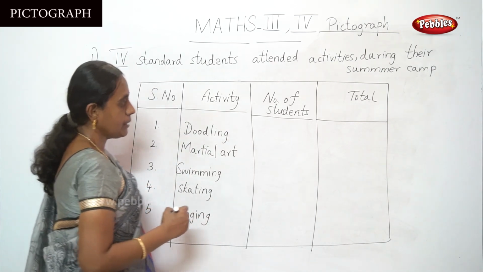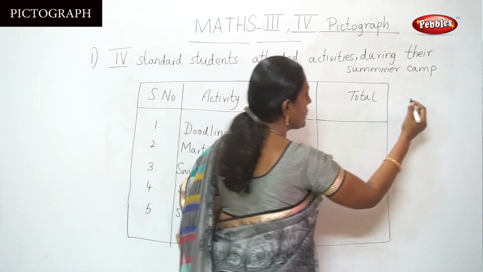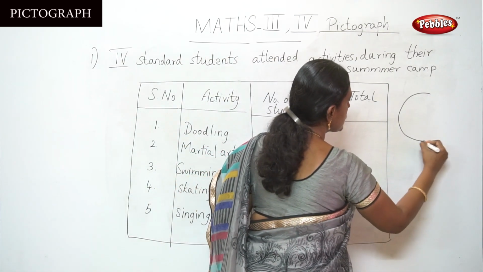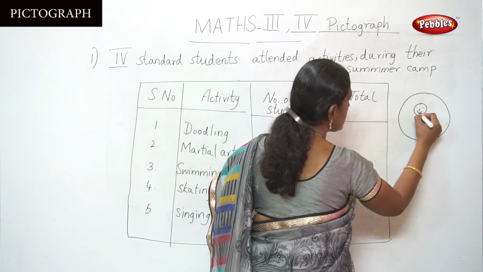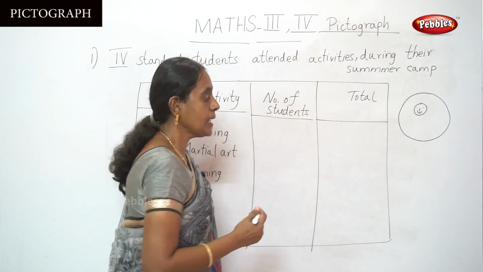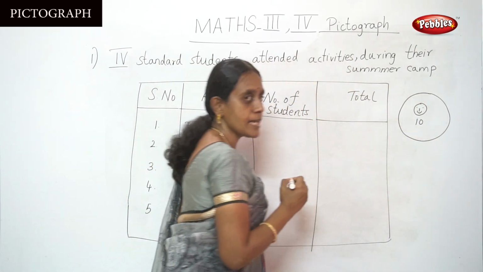For the number of students, you have to represent one picture, a smiley, and each smiley represents a number of 10.